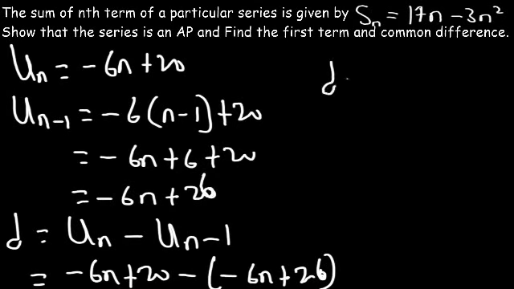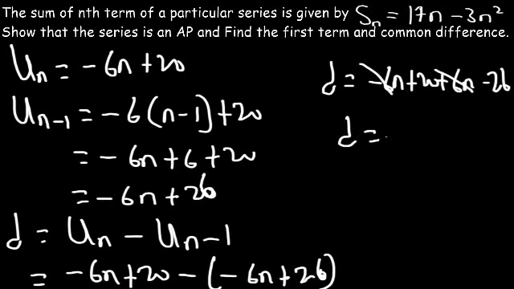So the value of d now becomes negative 6n plus 20 minus, plus 6n, then minus 26. Perfect. So negative 6n cancels plus 6n, and 20 minus 26 gives d equal to negative 6. So the value of d is negative 6. So it means d is present in the particular series. Therefore it is an arithmetic series.